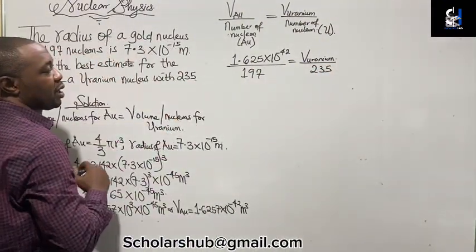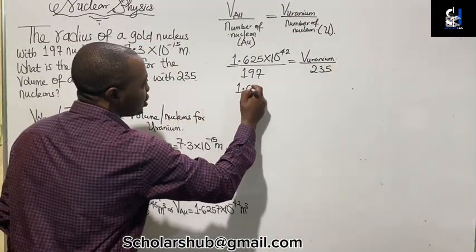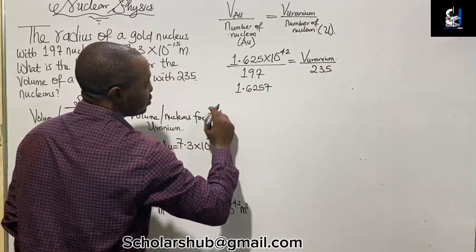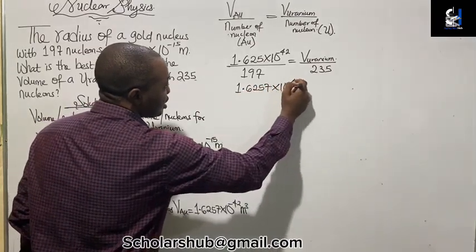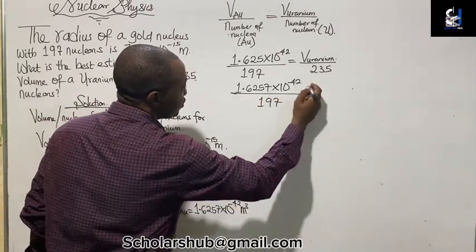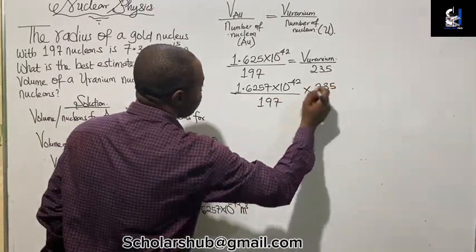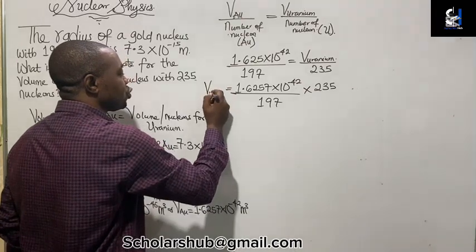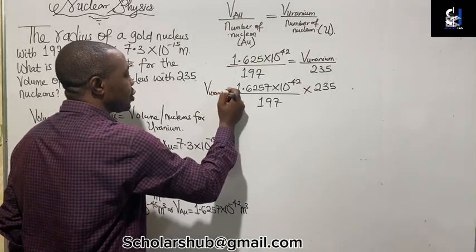We can cross multiply, so this will be 1.6257 multiplied by 10 raised to the power of negative 42 over 197, multiplied by 235, which equals the volume of uranium.